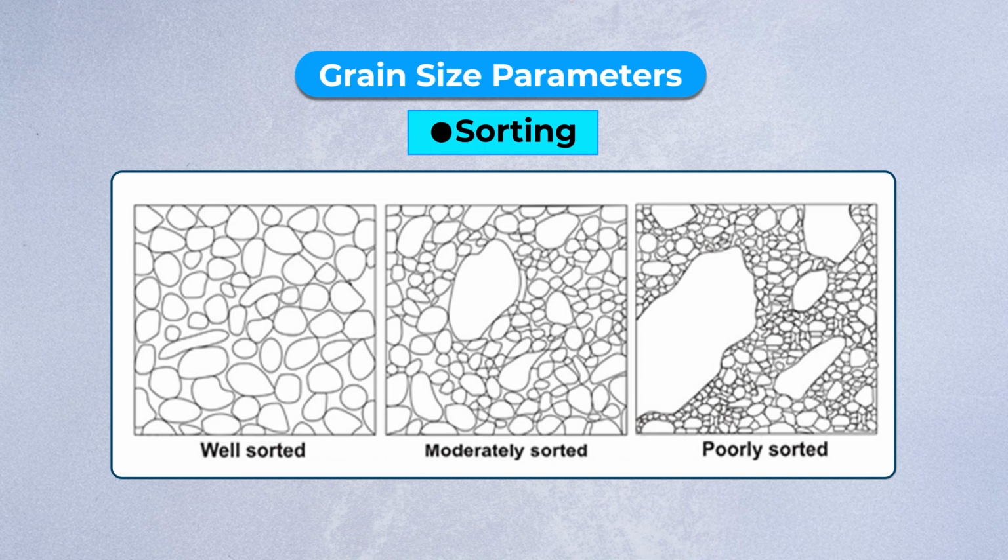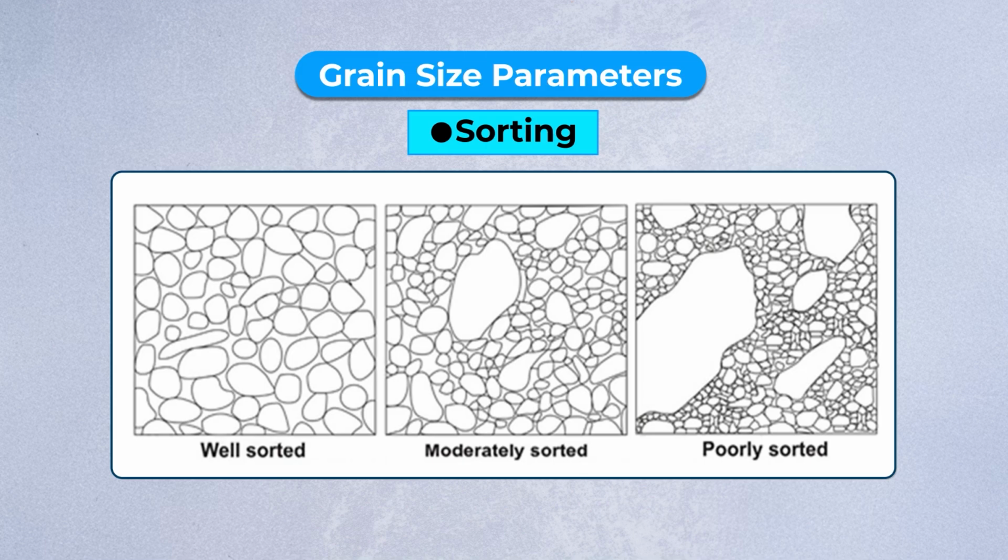Such types of deposits are called well sorted. On the other hand, those in which the larger grains are there and there are also smaller grains, we can call moderately sorted. Again, there is hardly any cement or matrix in there.